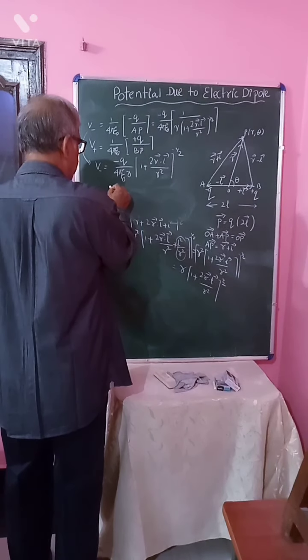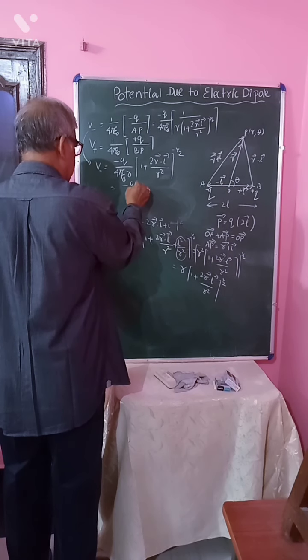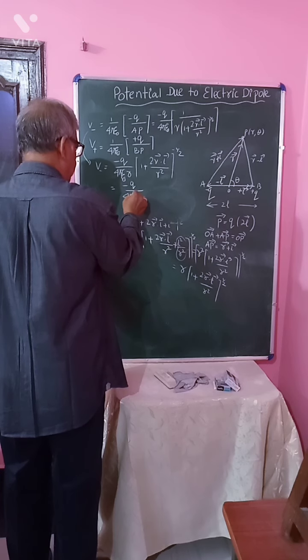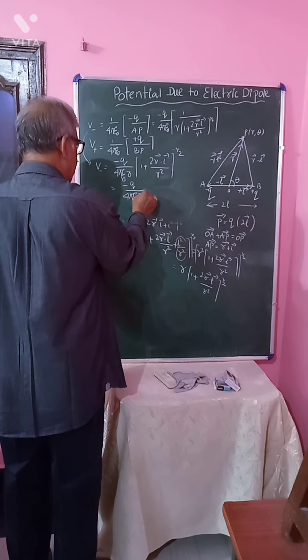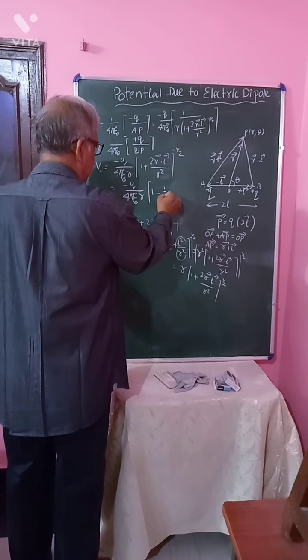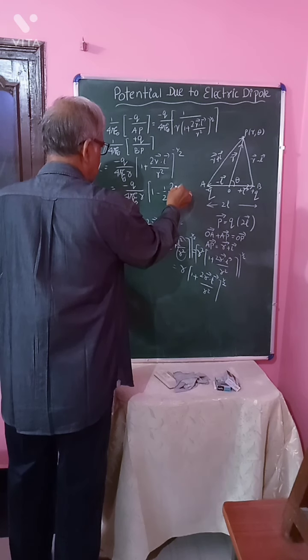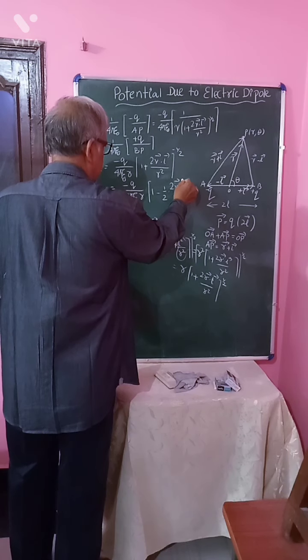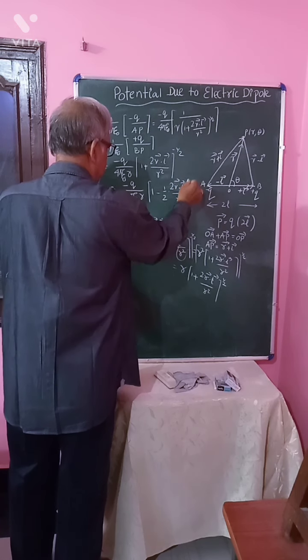So it is minus q by 4 pi epsilon 0 r times 1 minus 1 by 2 times 2 r dot L by r square.